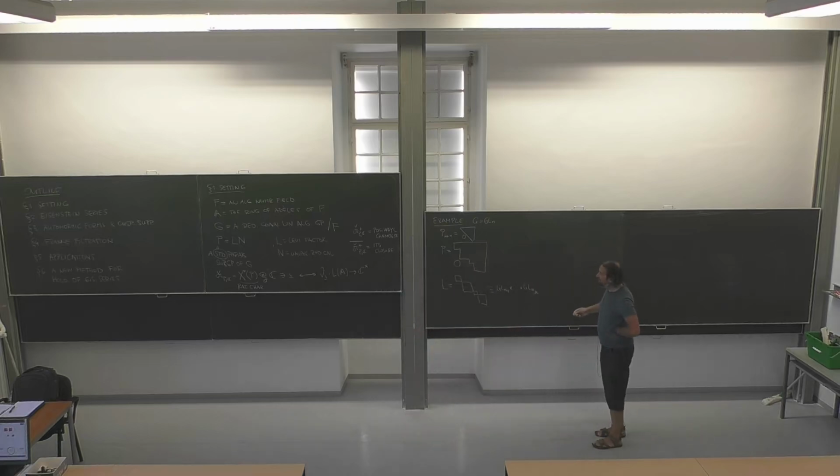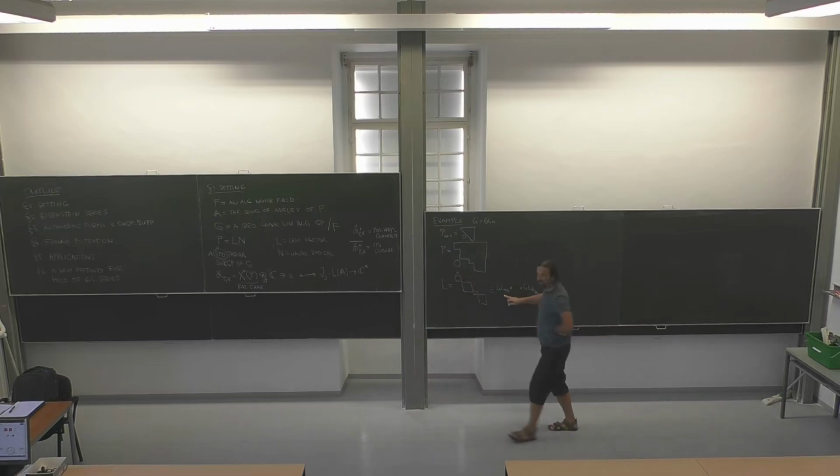And in my example, if the sizes of the blocks are n_1 to n_k, the space a_P^C check is isomorphic to C^k.